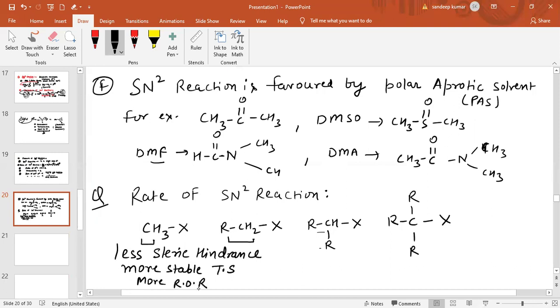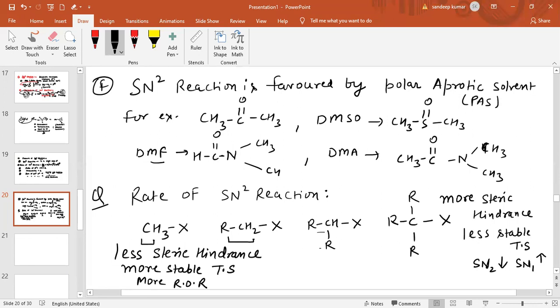While in the last case, there is more steric hindrance, and more steric hindrance means less stable transition state. It means the rate of SN2 is less, while the rate of SN1 is more.